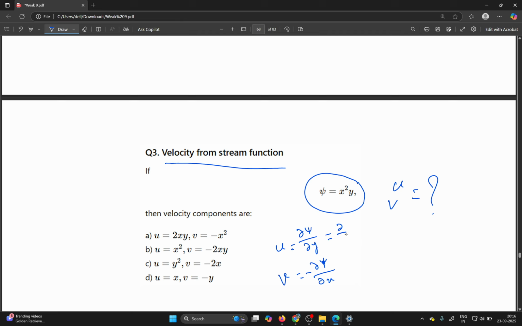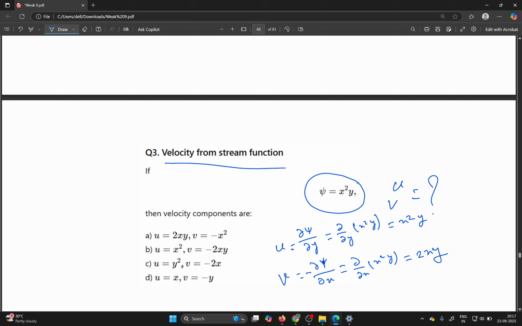So this will be your x square y square. Finally, after integration you will get x square here, and here you will get x square y, and here you will get 2xy.